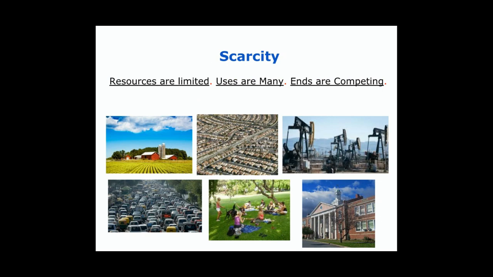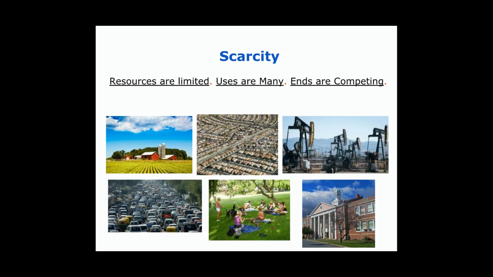We know that resources are scarce. This basic fact of scarcity is what begins our study of economics. Resources are limited, and any resource can be used for many, many things, and so these ends are competing. This is what scarcity means.